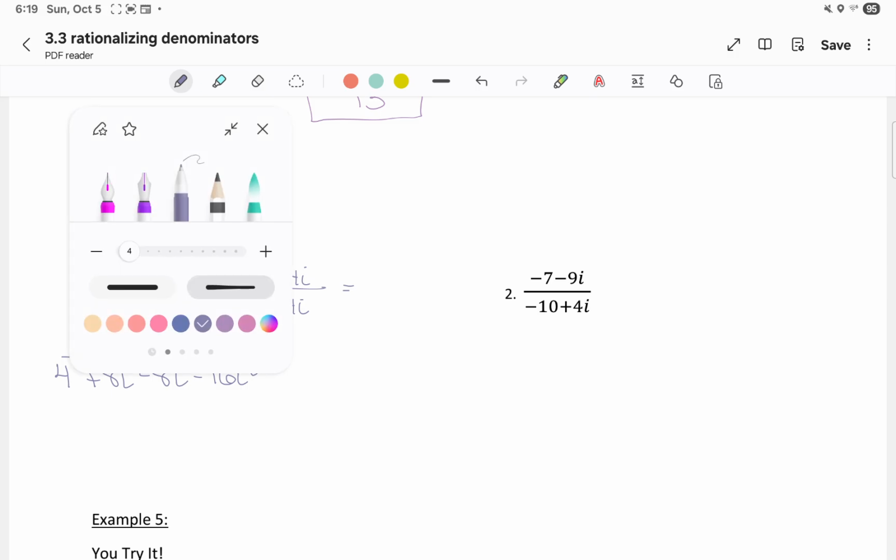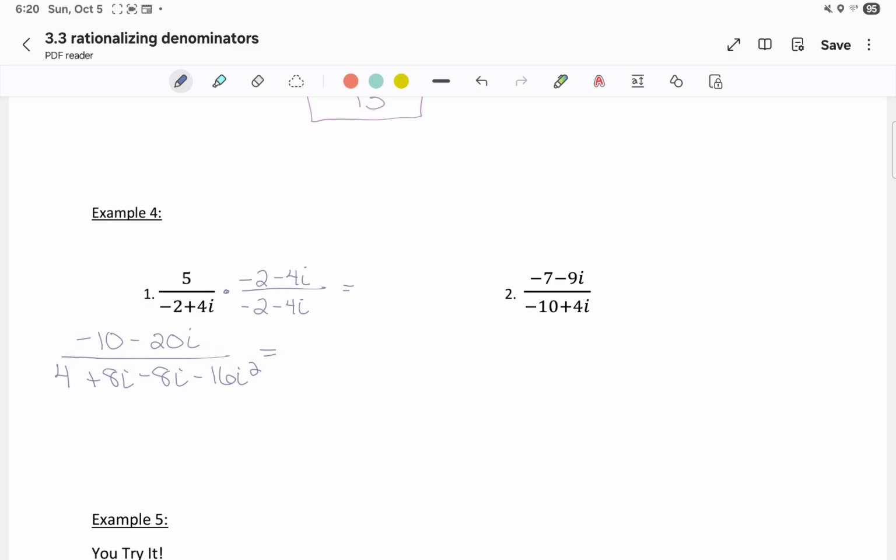So there's nothing to simplify on the top this time. That's not always the case, of course, as you saw in the last problem, but it does happen. So we're just going to bring that numerator over. And then on the bottom, those 8i's wind up canceling out. And we have 4 minus 16 times negative 1.